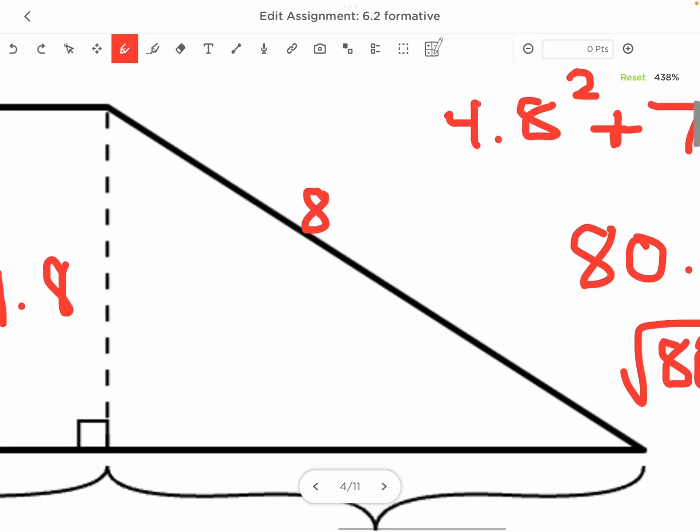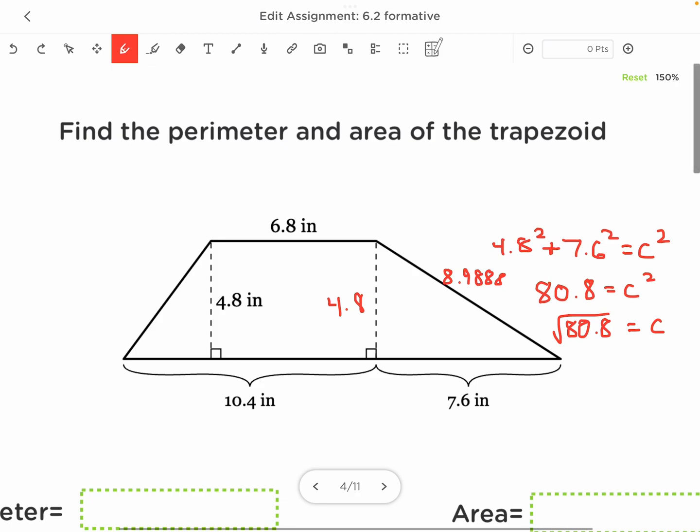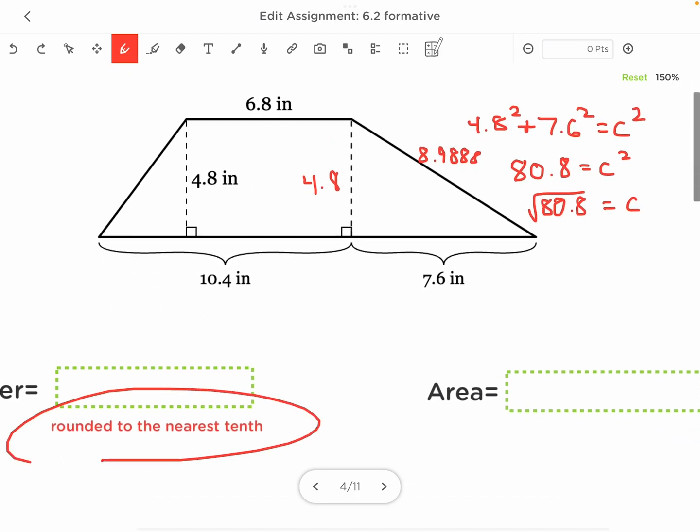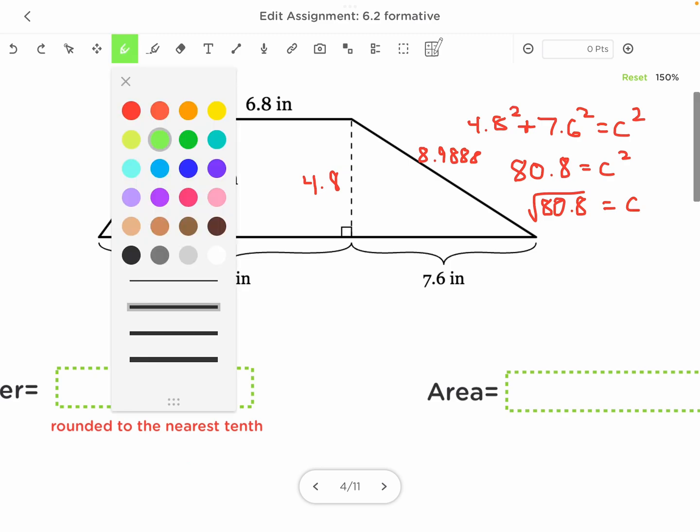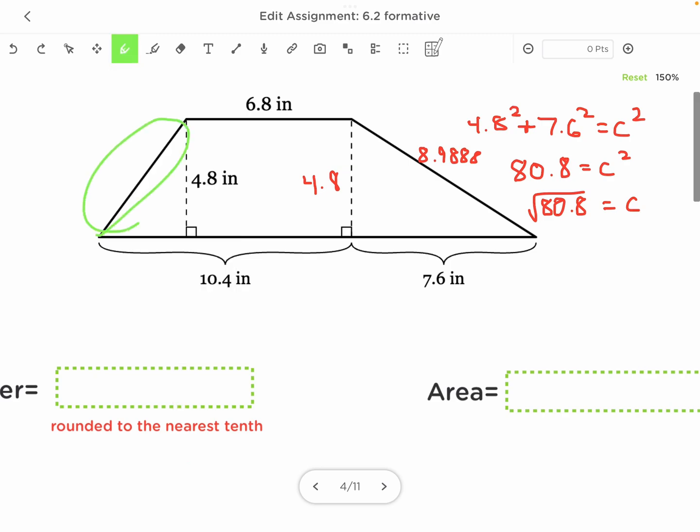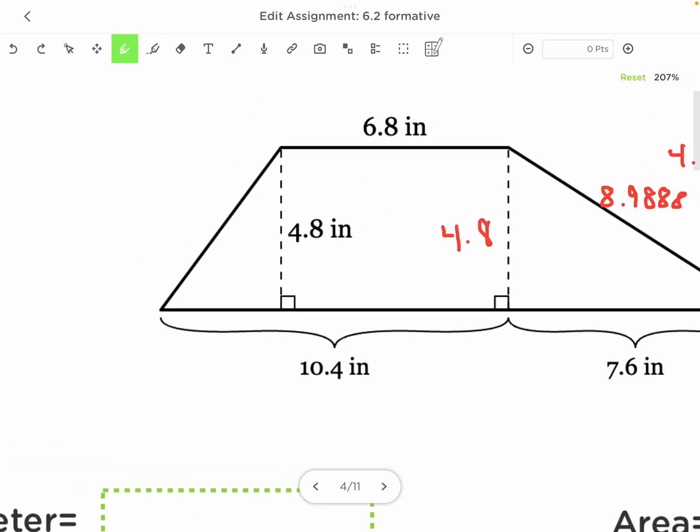So I'm going to keep all of those figures for now, but I know that eventually I'm just going to round to the nearest tenth. But before I do that, I first want to figure out what is this length over here. So I need to do, again, Pythagorean theorem on this triangle.